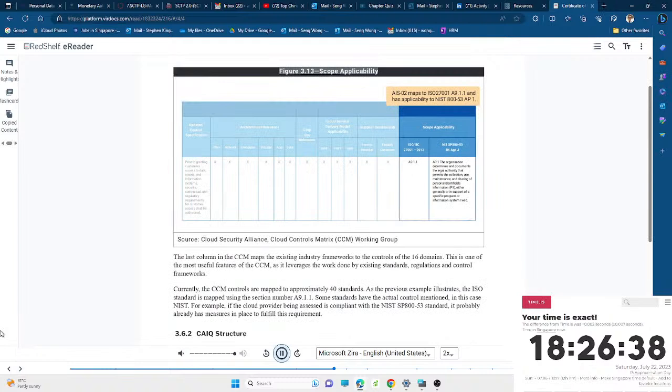Figure 3.13 Scope Applicability Updated Control Specification Architectural Relevance Cloud Service Delivery Model Applicability Supplier Relationship Scope Applicability Corp Gov Relevance Physics SaaS Service Provider Tenant Consumer ISO/IEC 27001 to 2013 NIS SP 800-53 R4 App J POS IaaS Network Computer Storage App Data prior to granting customers access to data, assets, and information systems, security, contractual, and regulatory requirements for customer access shall be addressed.